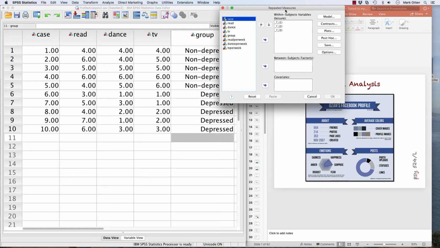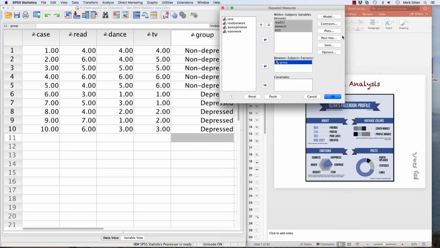It's kind of backwards here a little bit in SPSS terms, but we will land on the right statistics. We put leisure activities, reading, dancing, watching TV over into within subjects variables, and we're going to remember that it's a DV when we interpret. Then we put group over to between subjects factors. I've got 3 more variables in here, which you will see a little bit later as part of our next example.